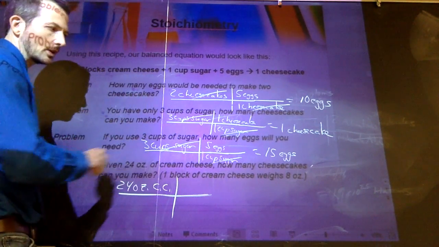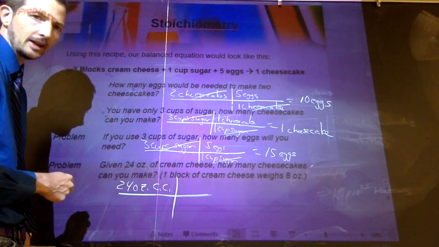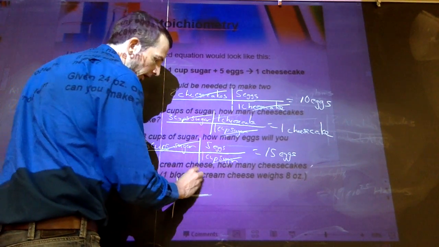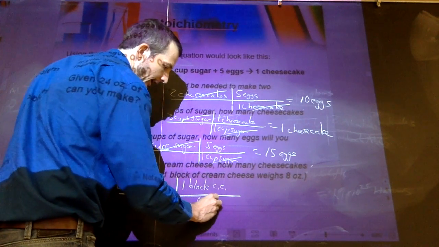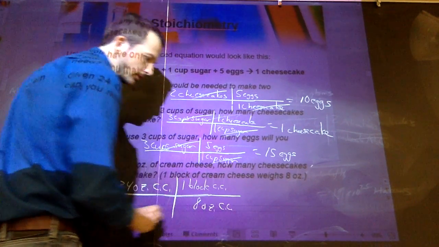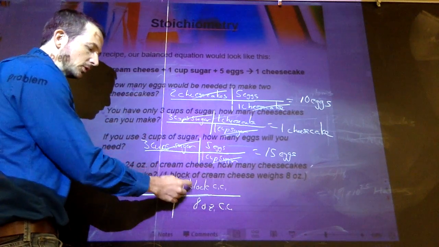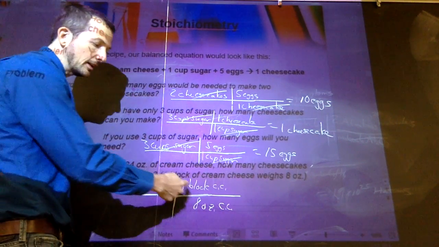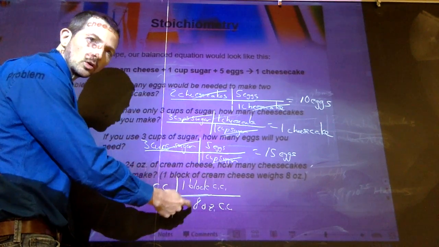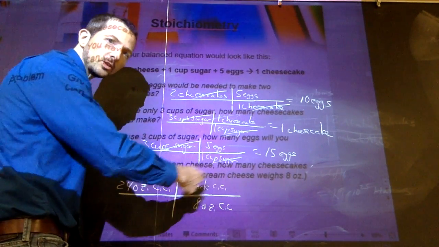So I'm given a conversion right here. 1 block of cream cheese weighs 8 ounces. So I use that as a conversion factor. When we do the chemistry like this, it'll probably be grams. I'll be given grams of something, and I have to use my molar mass to convert that to moles before I can use my balanced equation.